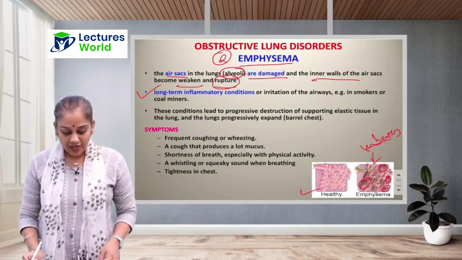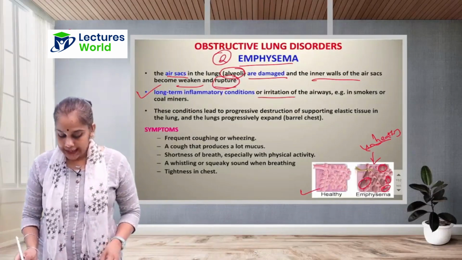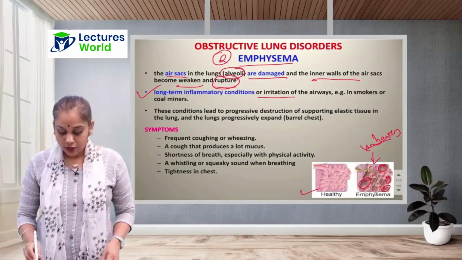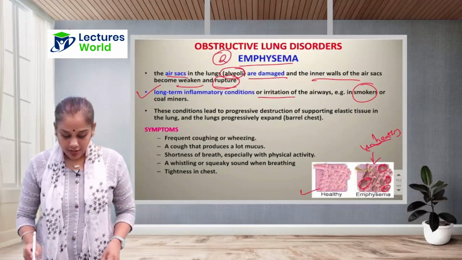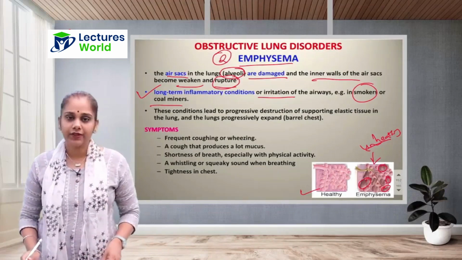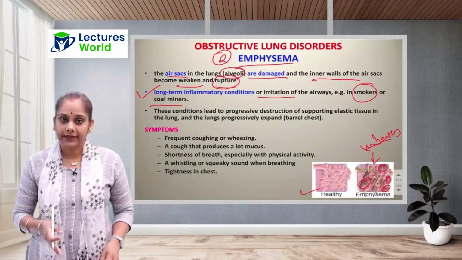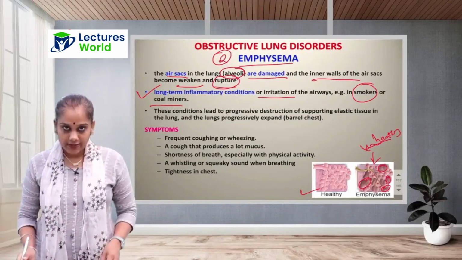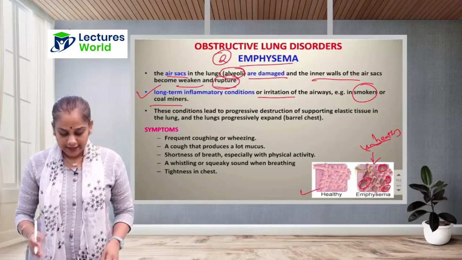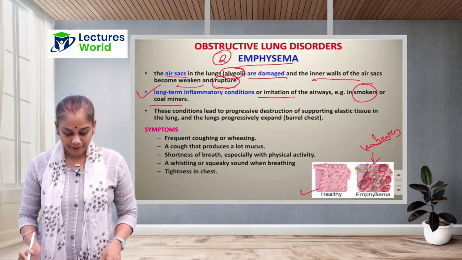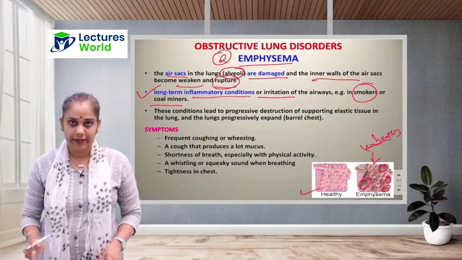It is a long-term inflammatory condition or irritation of the airway, as in heavy smokers, chain smokers, or coal miners working in factories. Factory workers and smokers have more chances of getting emphysema.